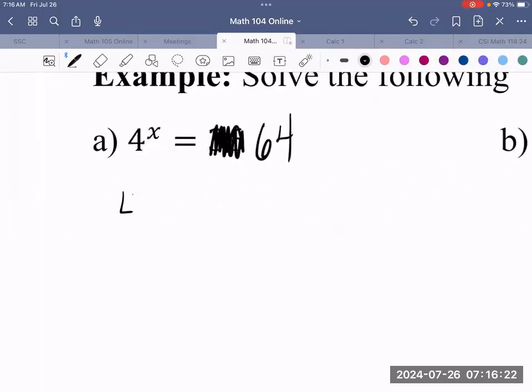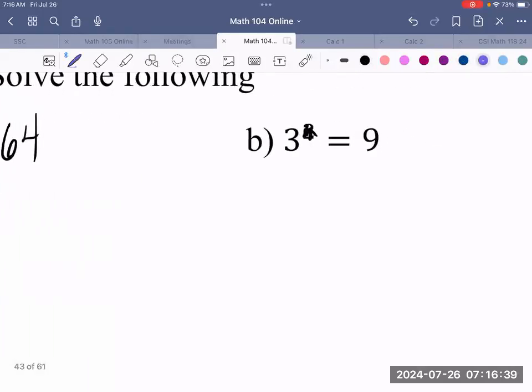Okay, so 4 to the x. How many 4s can make 64? Well, that would be 3 4s. So x is equal to 3. We already know the answer to the next one, but that's okay. 3 to the x is equal to 3 squared, so x is equal to 2.